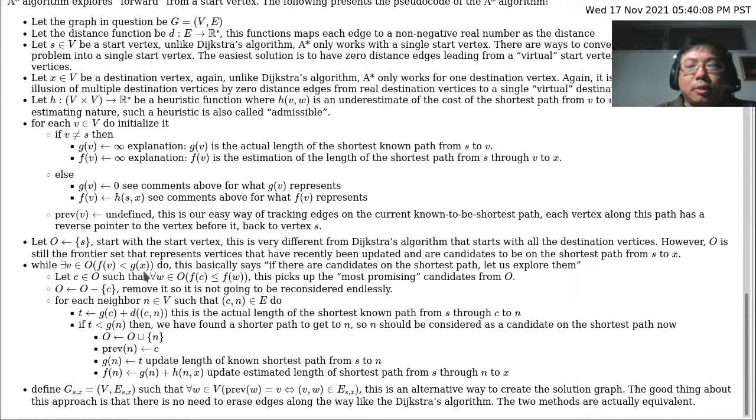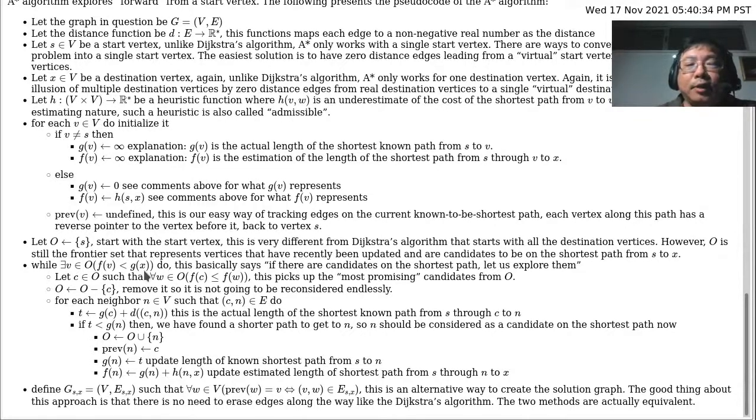Correct. So Jonathan W is correct that if I can find at least one vertex in O such that f of v is less than g of x, that gives me hope that I might find a shorter path than the one that I have found so far. Because g of x is exact. Remember, g of x is the exact length of the shortest known path up to this point, okay?